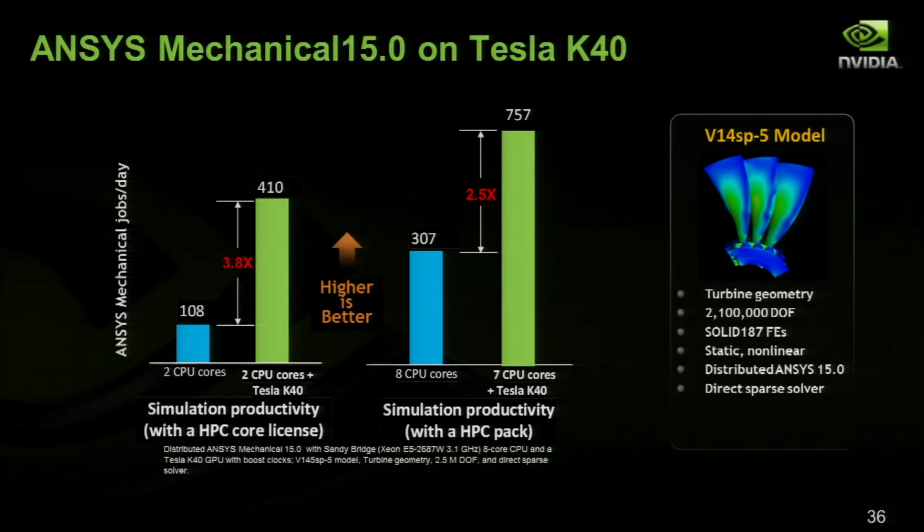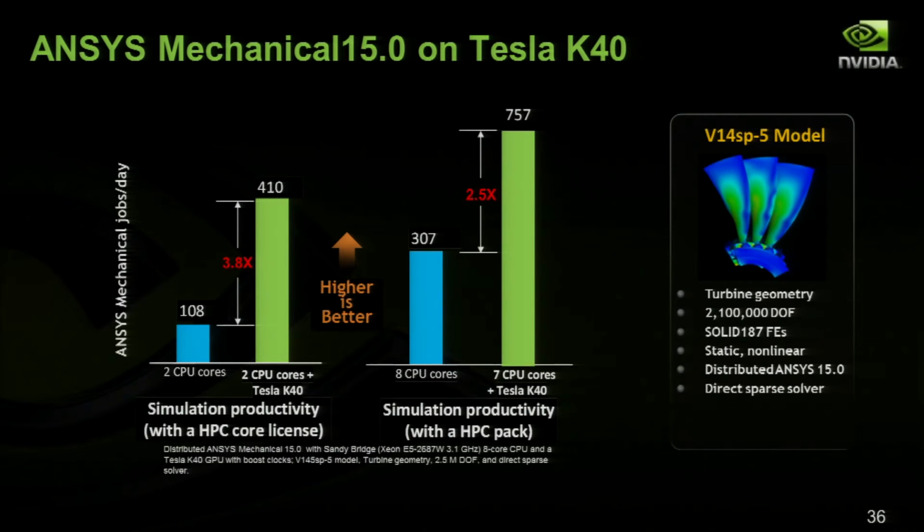And what kind of speedups can you get when you send the matrix factorization in direct sparse solver problems? This is a standard ANSYS Mechanical benchmark, a V14SP5 turbine geometry. It has 2.1 million degrees of freedom and only solid elements. It's a static nonlinear analysis done in distributed mode.